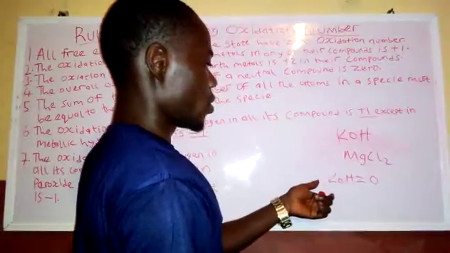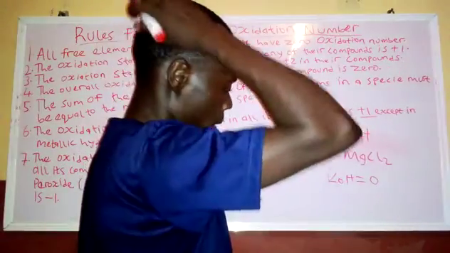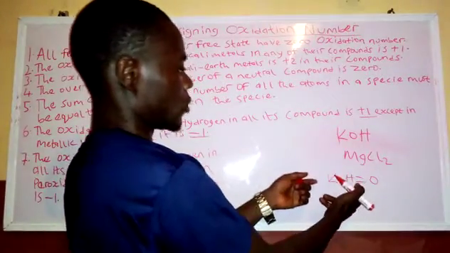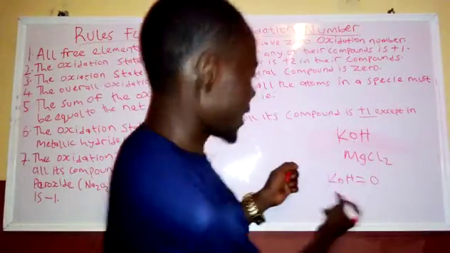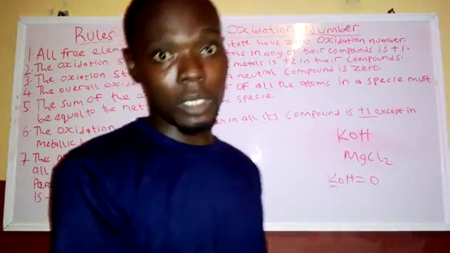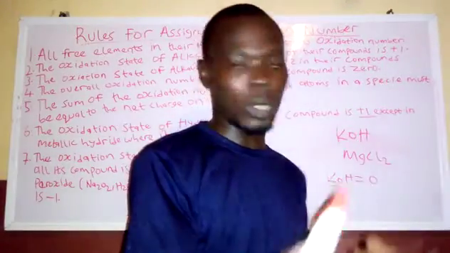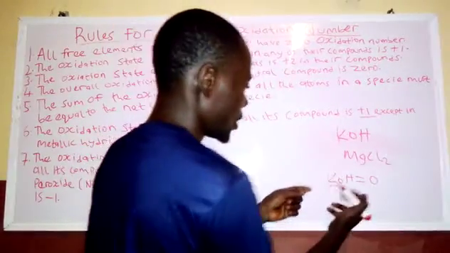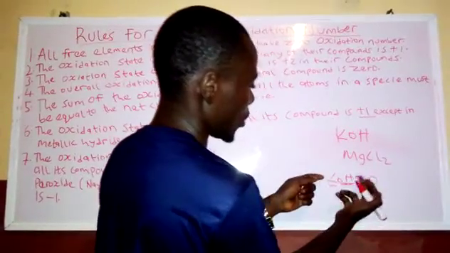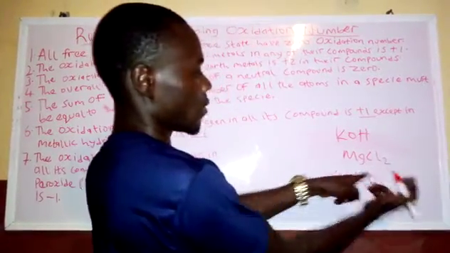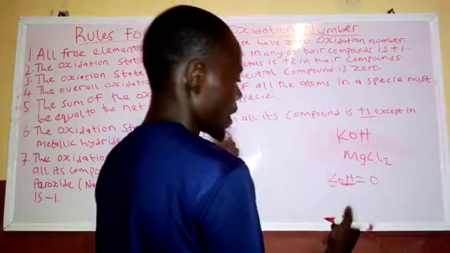Now if KOH equals 0, and we said K is an alkali metal, the oxidation number of an alkali metal is +1. If we go by that, we can use it to determine the oxidation number of the hydroxide ion, OH.